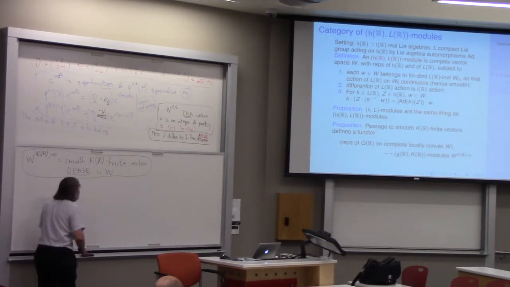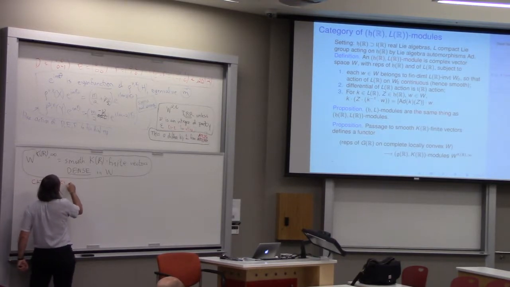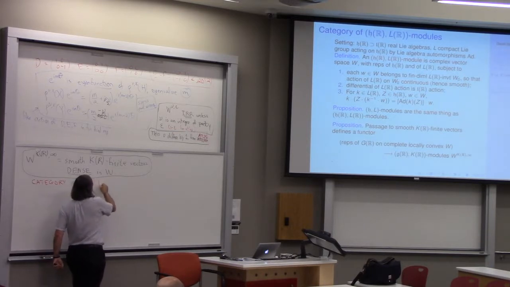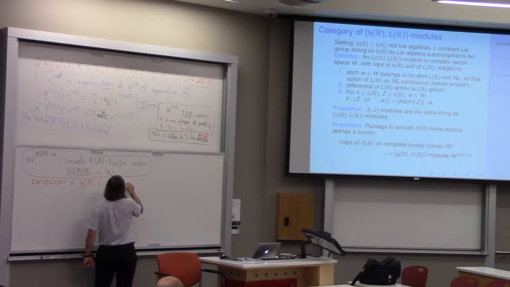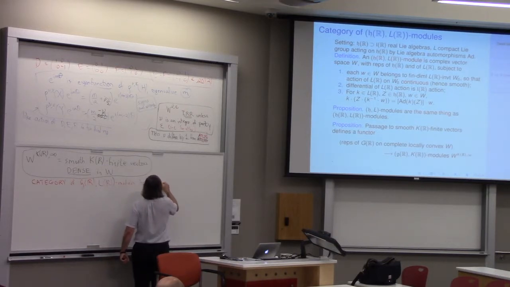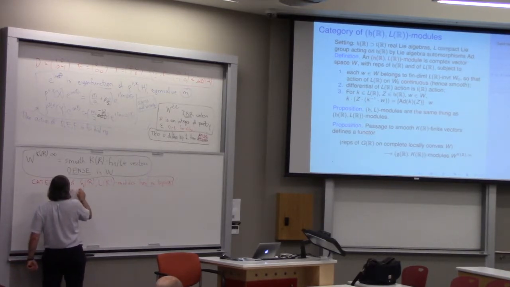The big point here is that this category of H of R, L of R modules has no topology, and it's therefore an abelian category.